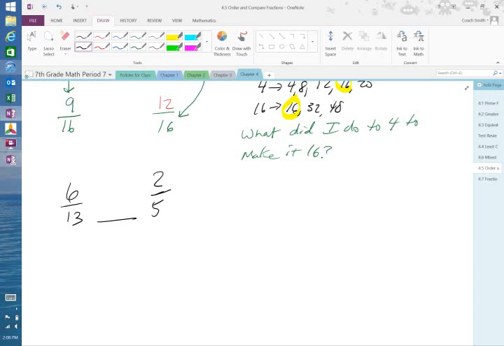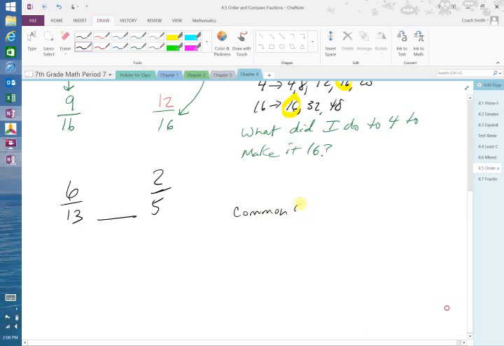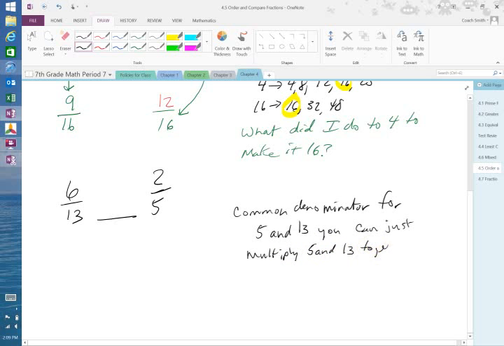So to find the common denominator, since they're both prime, I can just multiply the two denominators together.